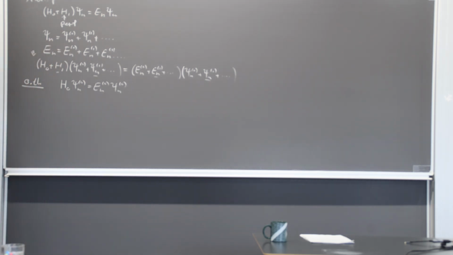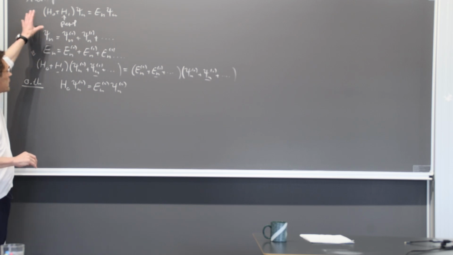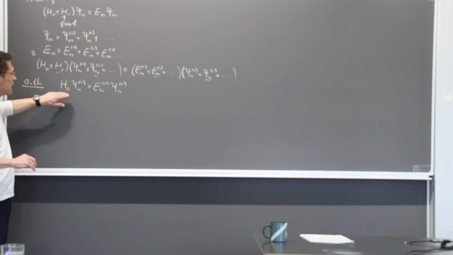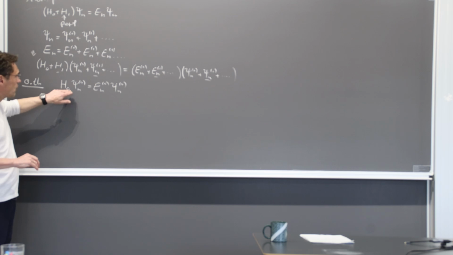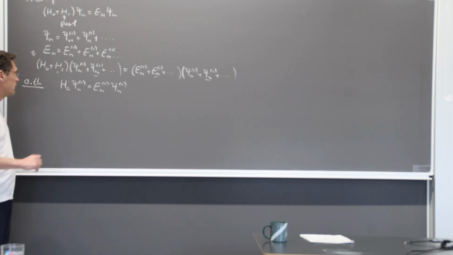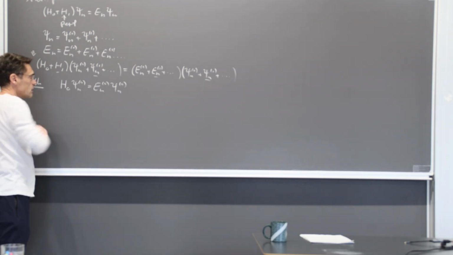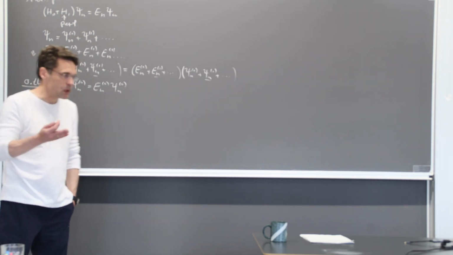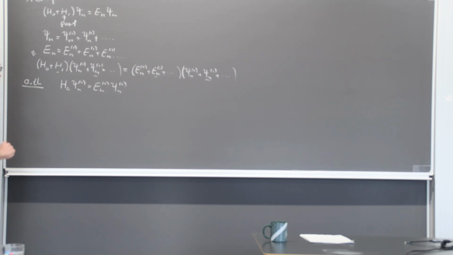This is the standard problem if you think of this as an atom in an electric field. This is just the original problem for the isolated atom, the unperturbed problem. And this is the problem which we assume we already solved, and we did actually.